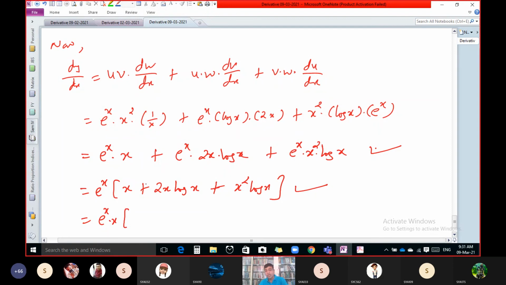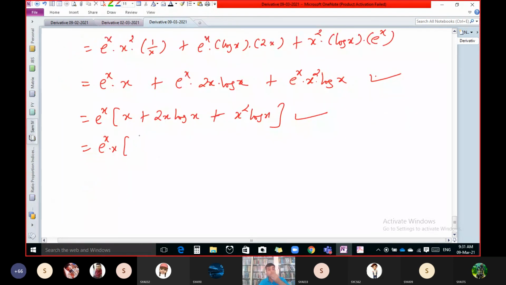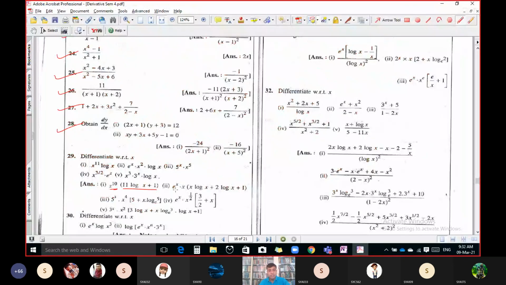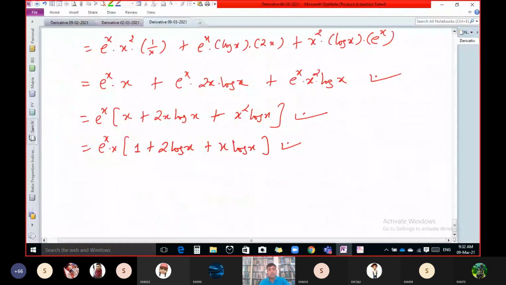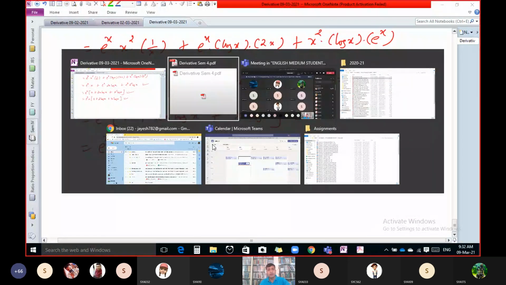If we take x common, what we get in the bracket? 1 plus 2 log x plus x log x. So either you can write this as the answer or this, you will get full marks. So see the answer, e raised to x into x, then the order is different here, 1 plus 2 log x plus x log x. Because of the plus sign, you can write in any order, no problem at all.